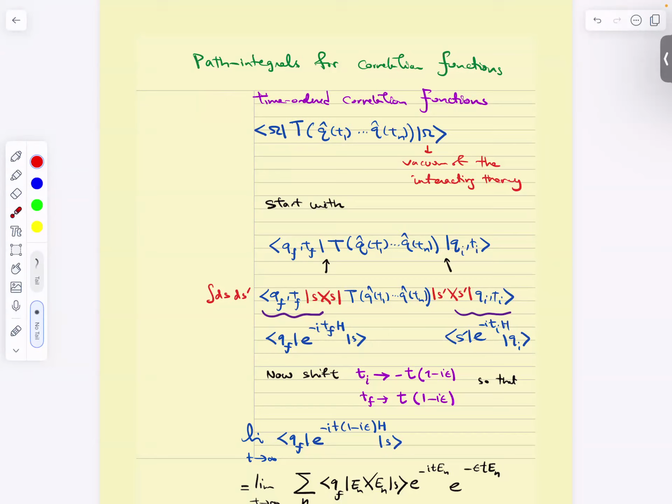K1 has the following structure: this is t_i, this is t_f. K1 is an integral over dq prime dt prime of a term which looks like propagator, V, propagator. That's the structure. As a path integral, it's also the same. It's an integral over this path.